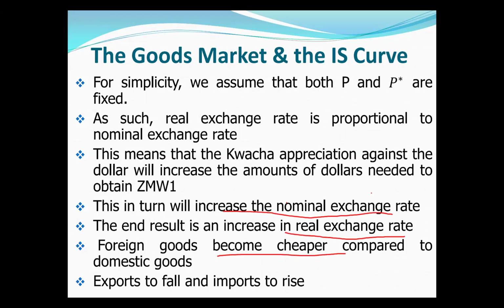They'll be cheaper, because you just need fewer kwacha. Imagine something that was $100, maybe you needed about 15,000, for example. But now, since your kwacha is stronger, you can even buy it using as low as 7,000. You see that foreign goods will become cheaper, right?